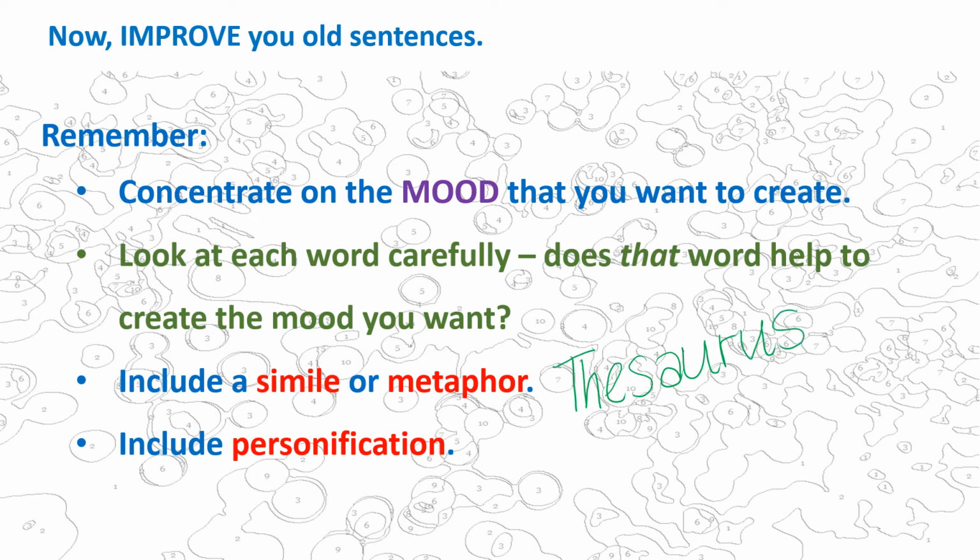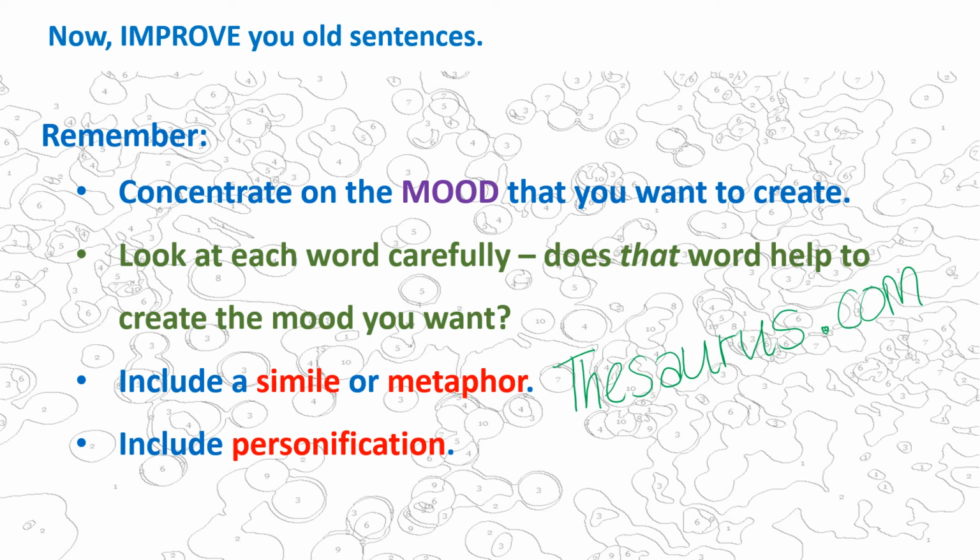It's a bit like a dictionary, but a dictionary tells you what each word means. A thesaurus doesn't do that. What you do is you type in a word, and then the thesaurus gives you a list of other words that have the same meaning. And if you go to thesaurus.com or find any other online thesaurus, then you can find much better words.